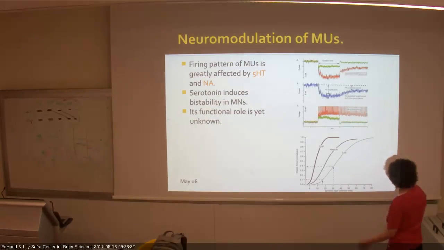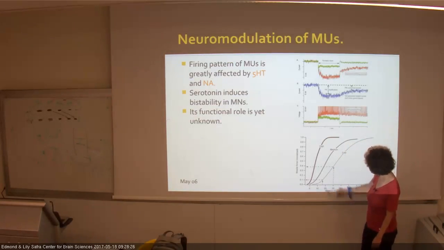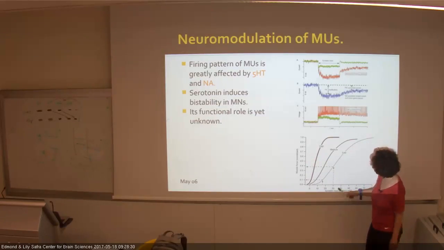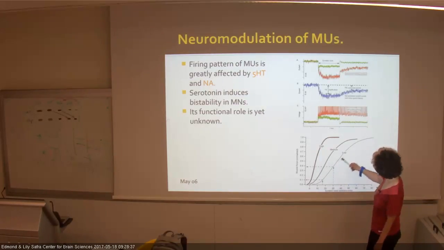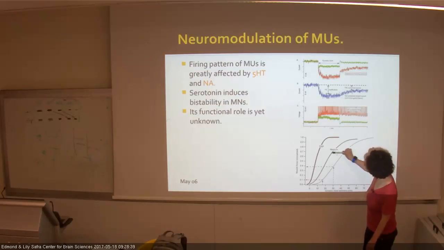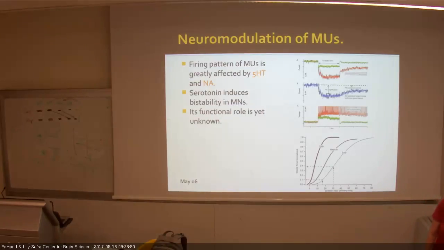So what we think is happening, if we look at the gain of a motor neuron, the output to input relationship, which we measure in muscle force and in synaptic input, is that the gain changes as a function of the concentration or levels of serotonin, and increasing the level of serotonin increases the gain of the motor neuron.